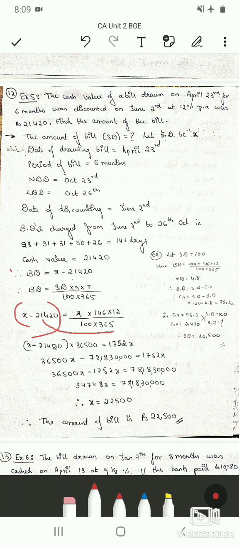So it will be x minus 21,420 into 36,500 equal to, when you multiply these two, 1,752x. So this is for both the terms, multiply, so it is 36,500x minus 78 crores. Also it is a big number.